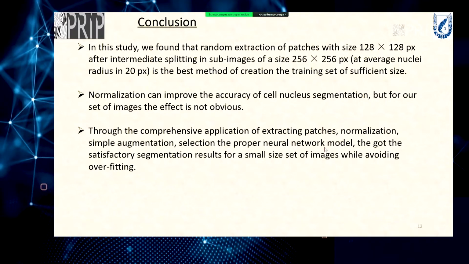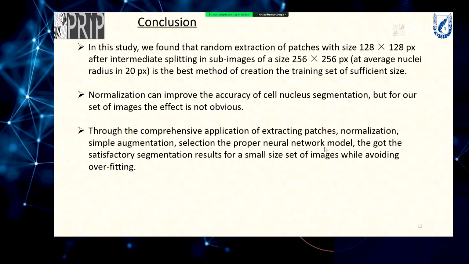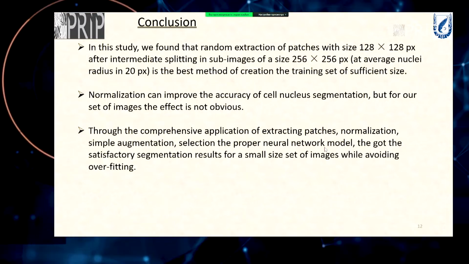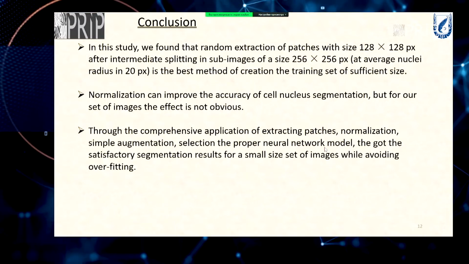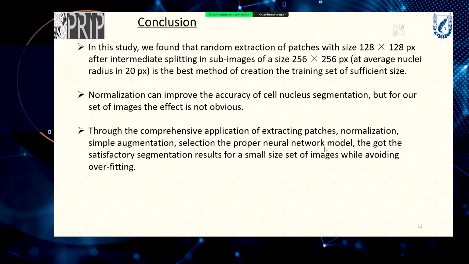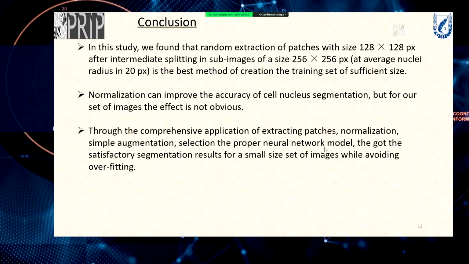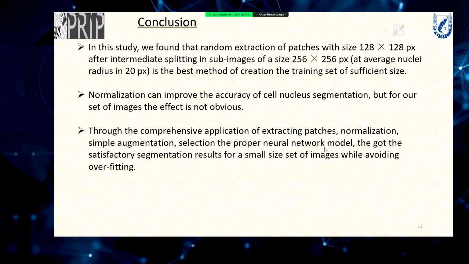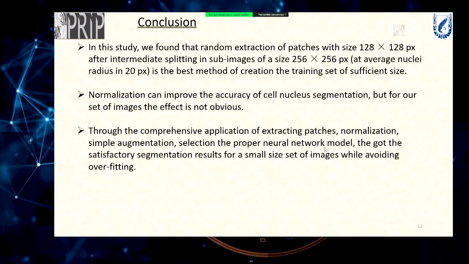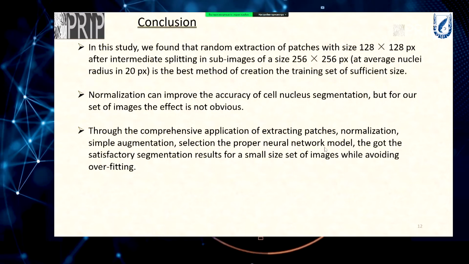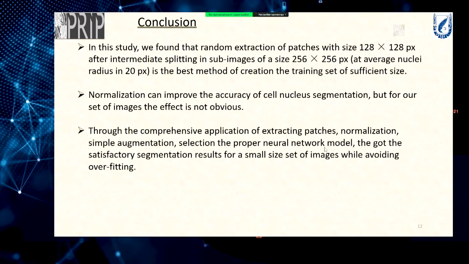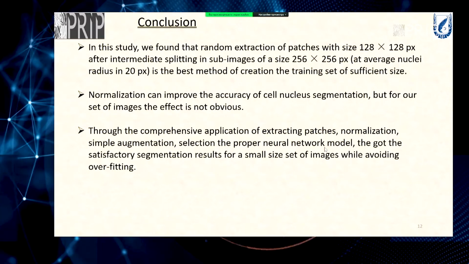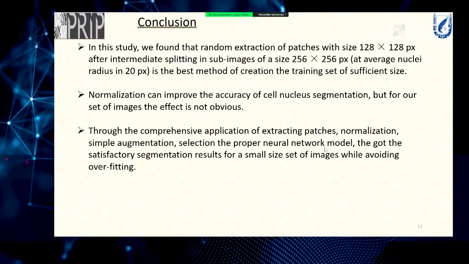That means it has no obvious effect in our research. Thirdly, through the comprehensive application of extracting patches, normalization, simple augmentation, and using a neural network model, we have got satisfying segmentation results. And meanwhile, we have avoided overfitting.